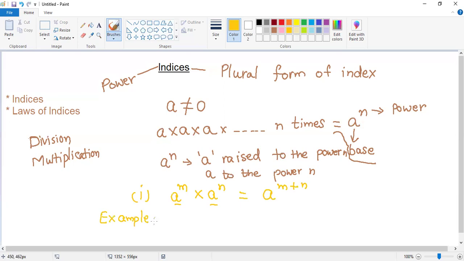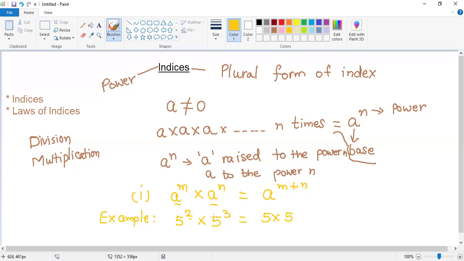Now you can try this with a number. Let's see an example for this. So you have number 5 power 2 times number 5 power 3. So we will see first in general, how are we going to write? If you have 5 power 2, then you need to write 5 two times.